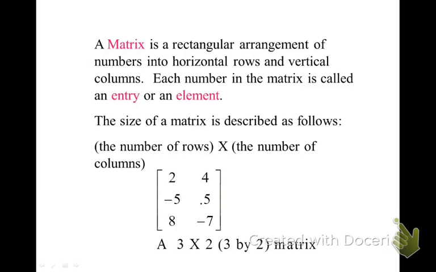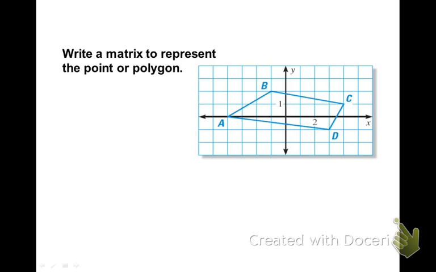In row 1, column 2 is the element 4. In row 2, column 1, we have the element -5. In row 2, column 2, we have the element 0.5. So those are just vocabulary words and how you use those vocabulary words.